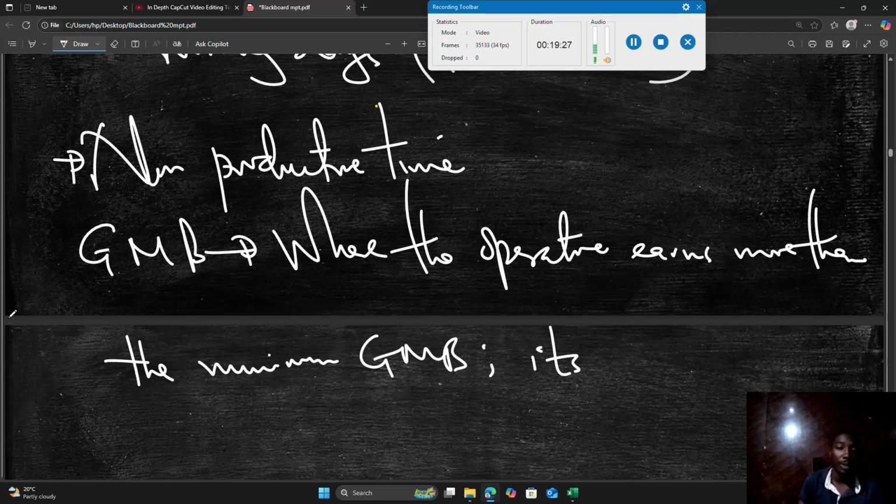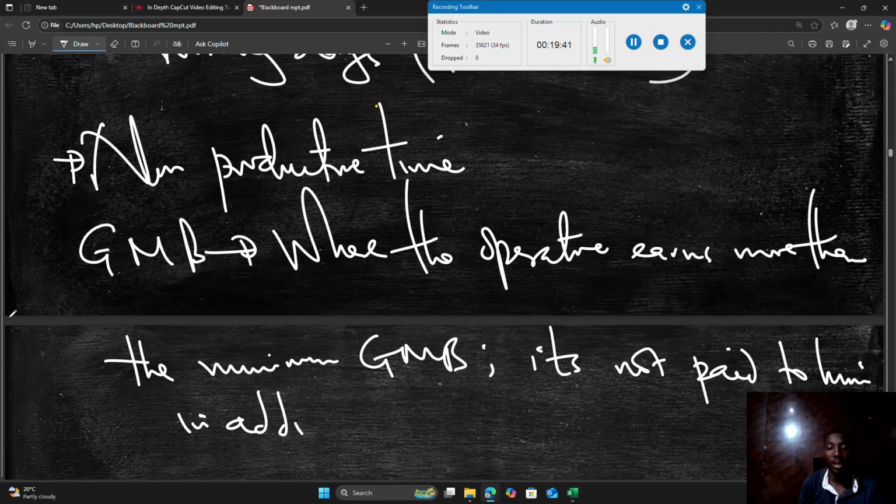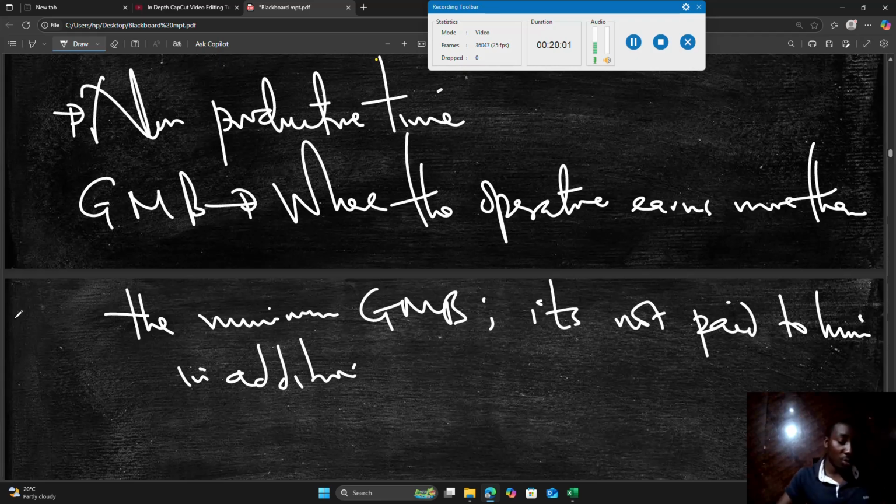Where the operative earns more than the guaranteed minimum bonus, it is not paid to him in addition. The guaranteed minimum bonus is to protect workers against earning less than a particular amount. So where the operative earns more than the minimum guaranteed bonus, you're not going to add this bonus. The guaranteed minimum bonus only counts when the operative is on site.